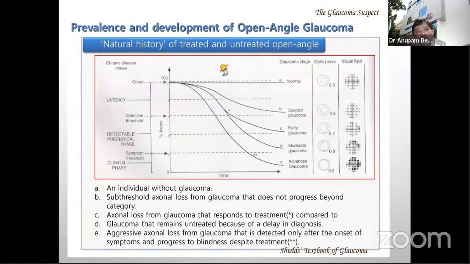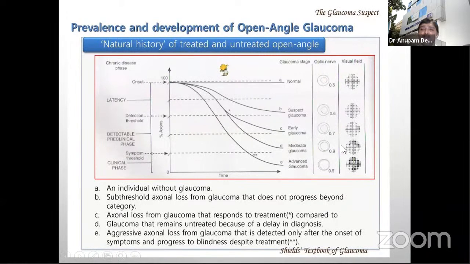The natural history of the development of open angle glaucoma is this: this is a normal disc with no perimetric defects. These are glaucoma suspects where the disc may be suspicious but no defect, and this is early glaucoma, moderate glaucoma, and advanced glaucoma.